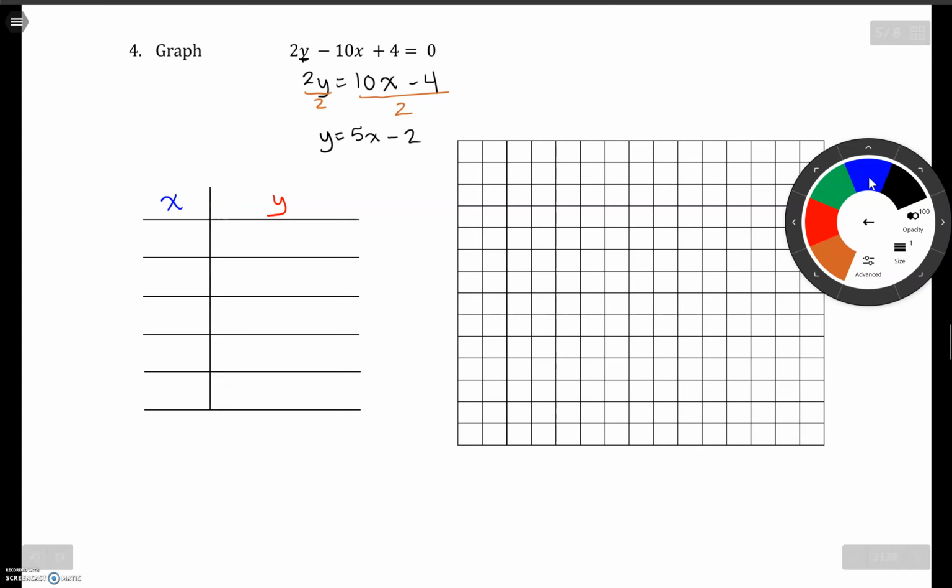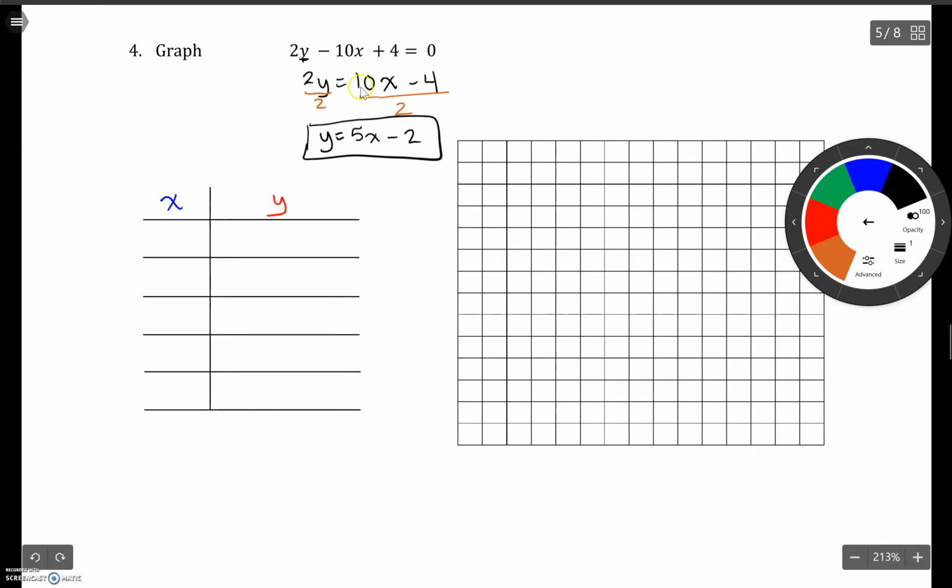Now that I've rearranged my formula to get it in y equals mx plus b form, we can generate our table of values, draw our axes, and draw our line. Okay, so pause the video, complete your table of values now, and then double check your work.